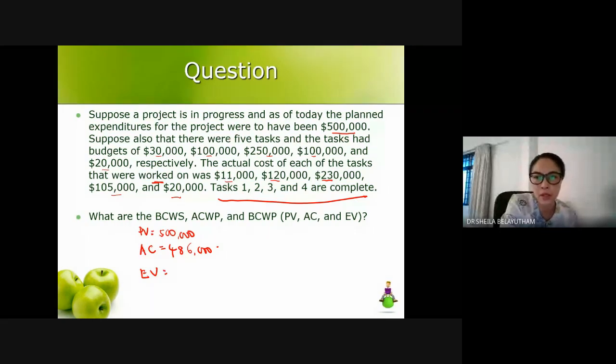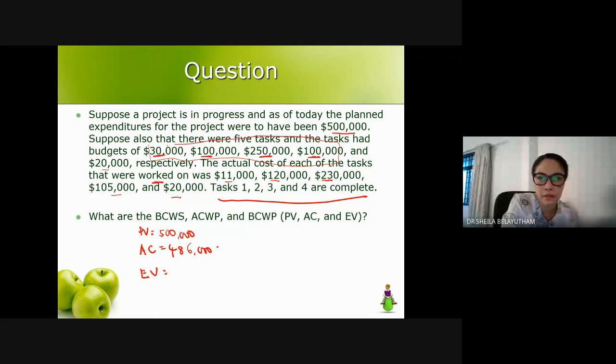The budgeted cost for that will be 30 plus 100 plus 250 plus 100. So only these 4 activities have been completed, and that is the budgeted cost for it. So what is the value?